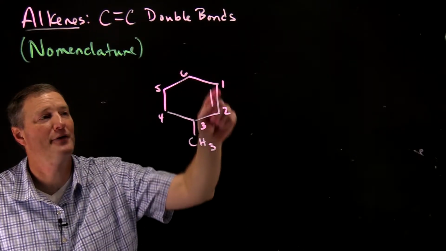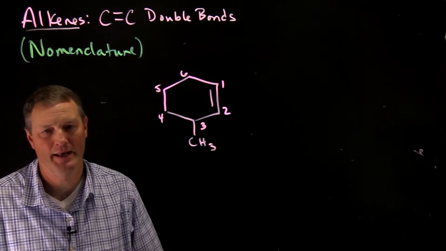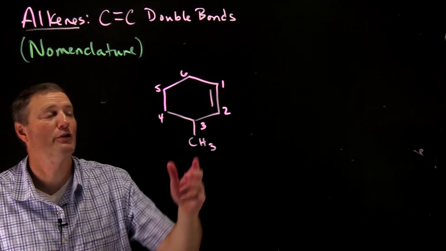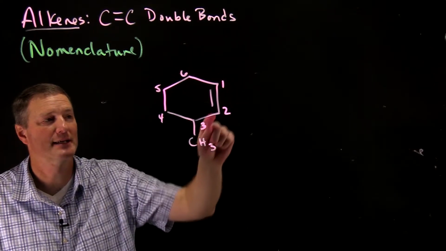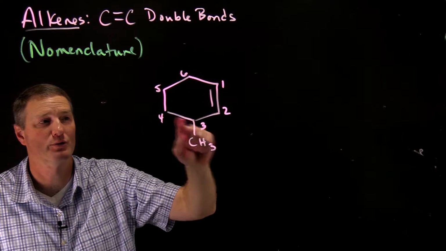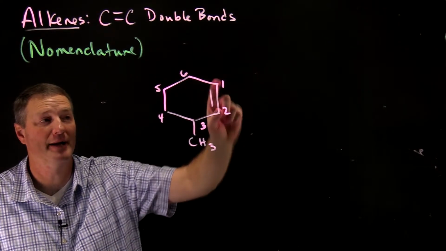Notice if I went the other direction, 1, 2, 3, 4, 5, 6, I would have given my methyl a much higher number. But also, you do not want to number it to give just one of the carbons a low number. I wouldn't want to number this 1, 2, 3, 4, 5, 6, because that would give the carbons of the double bond a 1 and a 6.